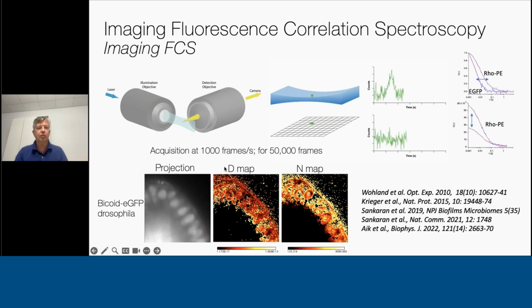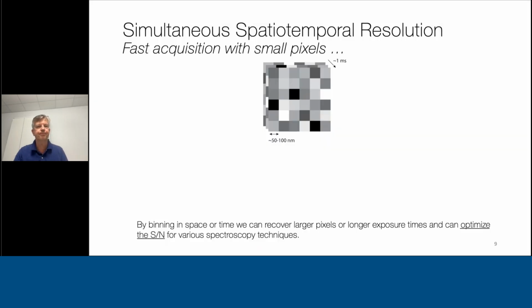So you see maps of the diffusion coefficient over your whole sample and maps of the concentration over your whole sample. And that is the power of imaging fluorescence correlation spectroscopy in the light sheet. You get much more information, because the diffusion coefficient and the concentration, of course, you can't directly get from the intensity projections.